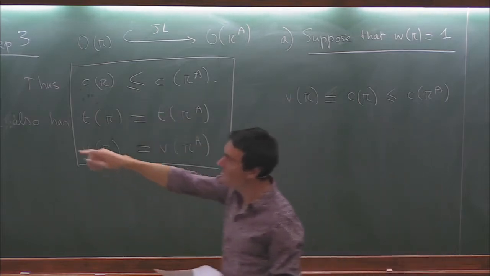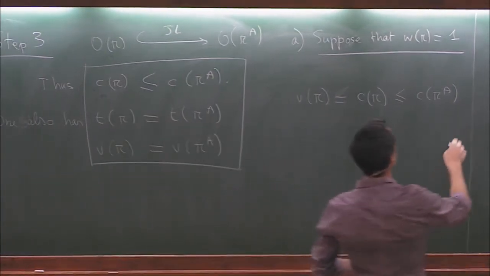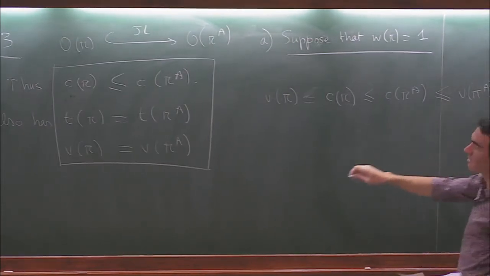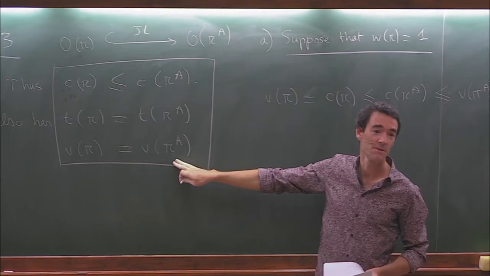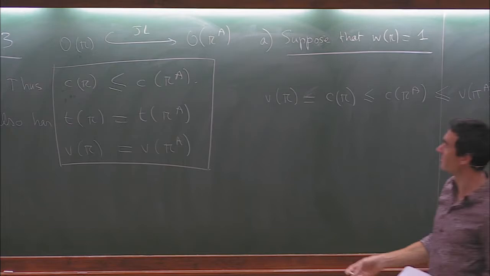And remind that for any pi, C of pi is always smaller than or equal to V of pi. So here we have C of pi A smaller than or equal to V of pi A. But V of pi A is V of pi. So you see that this series of inequalities is actually a series of equalities.